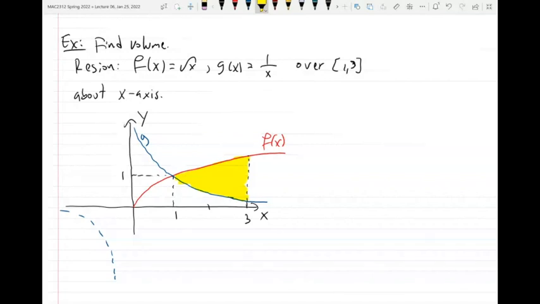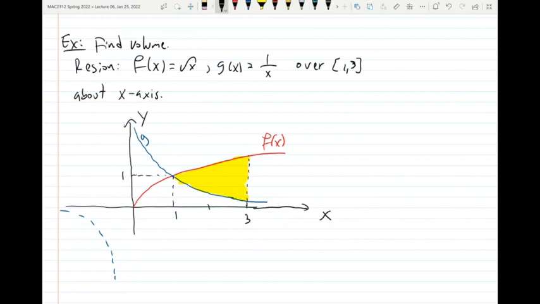That's what that means. So we're talking about this region, and it's going to be rotated about the x-axis. Now notice that this time our region is not adjacent to the axis of rotation anymore. There is a little separation. So when you rotate this, there is a hole in the solid that's created.